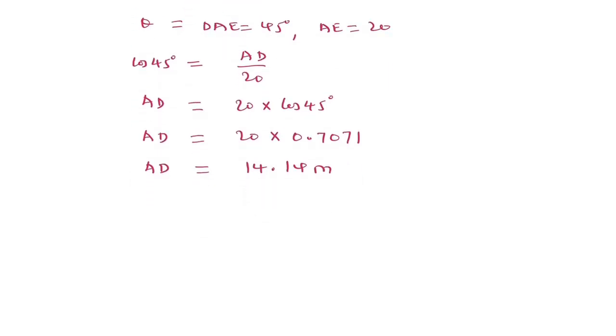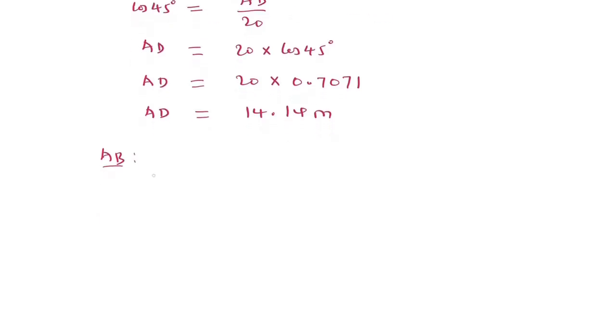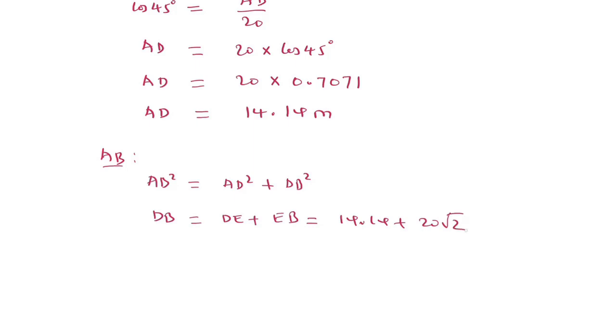Our next line is length AB. So consider triangle ADB. Let us apply the Pythagoras theorem, which says AB squared equals AD squared plus DB squared. But DB equals DE plus EB, which also equals 14.14 plus 20 under root 2.